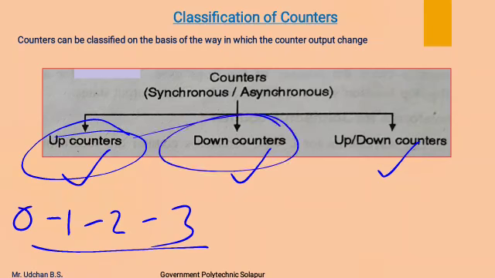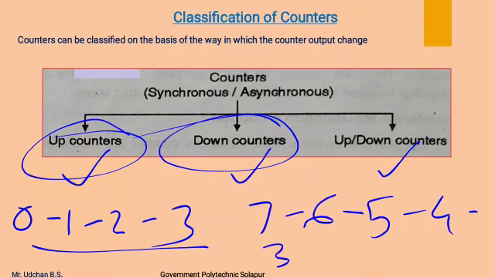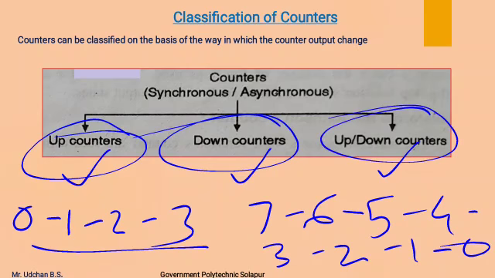Whereas in down counters, the counting starts from large to small count. That is, the output goes on decreasing as they receive the clock pulses. For example, the output of a down counter will be 7, 6, 5, 4, 3, 2, 1, 0 in this order. Whereas the up-down counter is the combination of both up counter and down counter, meaning it will count in the up direction or in the down direction also.